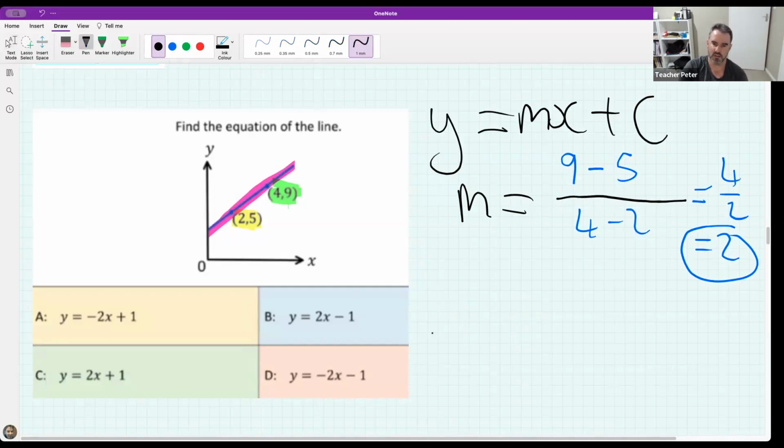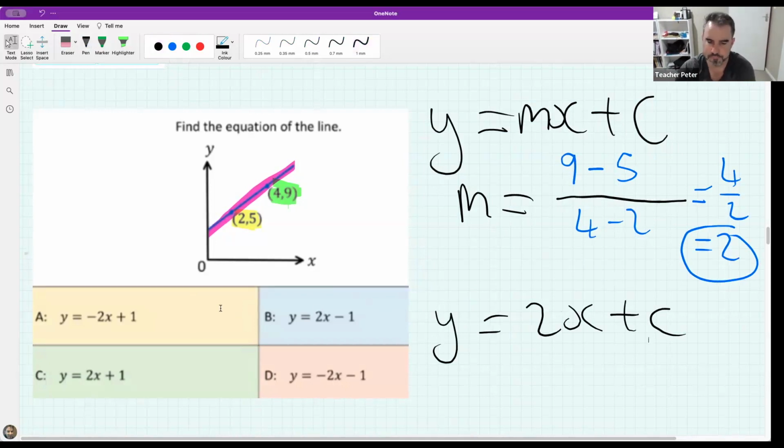So I get, for the first part, 2x plus c. I want to know which of the four options do you think it is? I'll give you some time to lock in your answer.